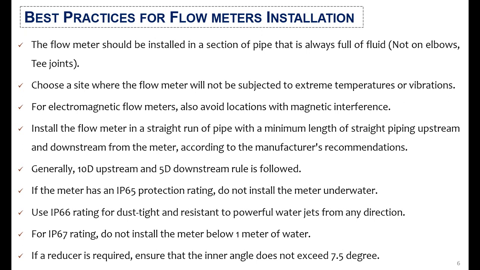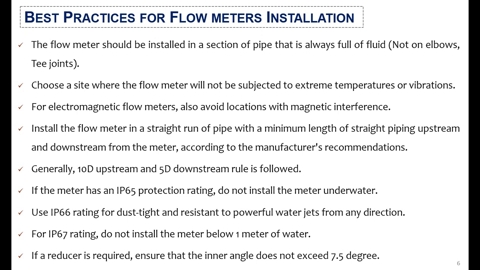Secondly, choose a site where the flow meter will not be subjected to extreme temperatures or vibrations, because these conditions will hinder the flow readings. For electromagnetic flow meters, also avoid locations with magnetic interference.